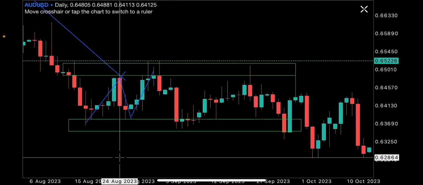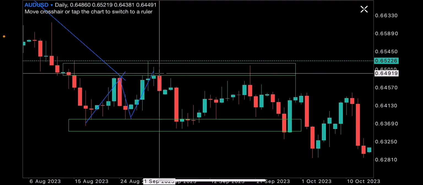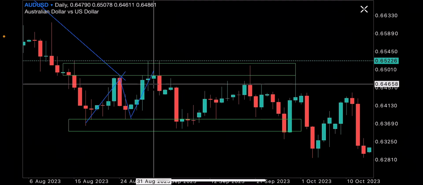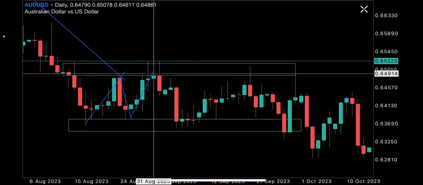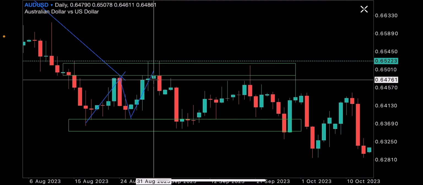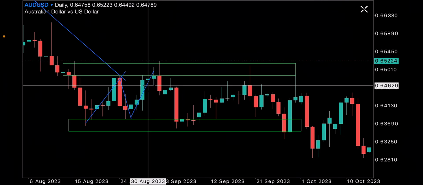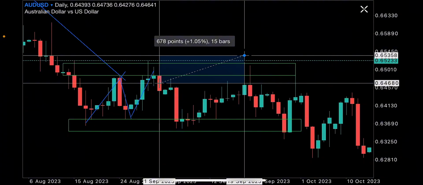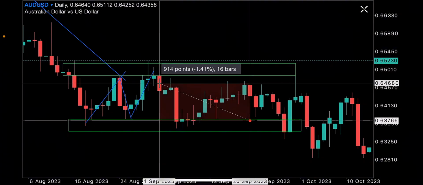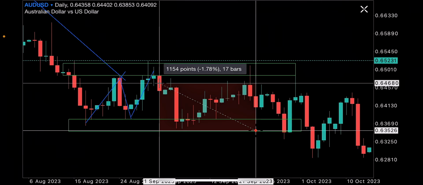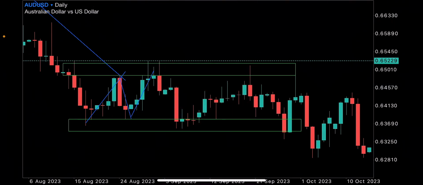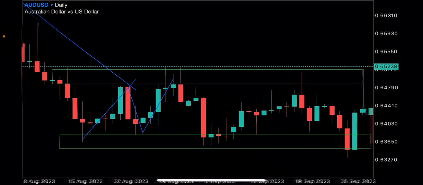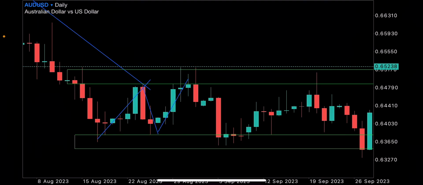At the point where the market was at this resistance level right here, you can spot this doji candlestick. After spotting this doji candlestick, if you are wise enough, you would sell from this point right here. Then you can put your stop loss somewhere above here, and you take profit at this other end, which will eventually result in you making money. So guys, this is what the strategy is all about. It's very simple for beginners to understand.